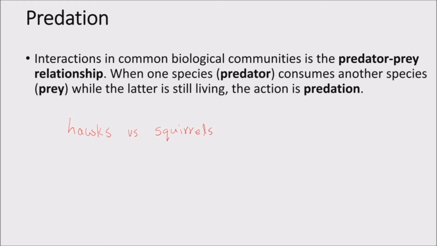The assumption is that hogs eat only squirrels. So this is a hog, and their only food source is these little squirrels here. That's what we have to assume, but it is not the case.